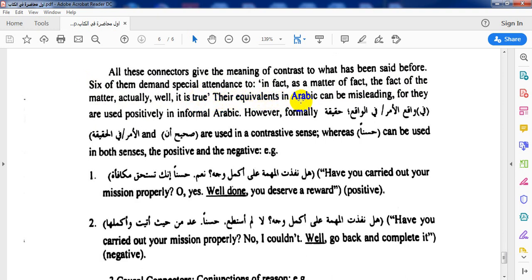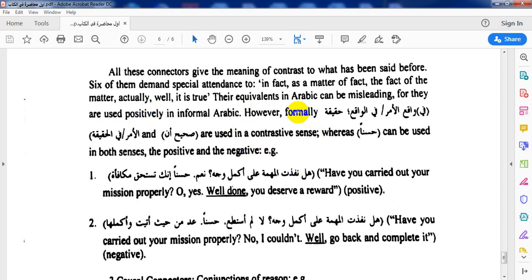Their equivalents in Arabic can be misleading, for they are used positively in informal Arabic. They don't refer to contradiction. They are used positively, which means that I agree with this idea.